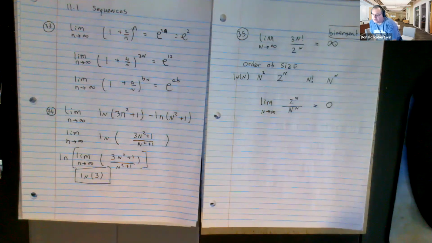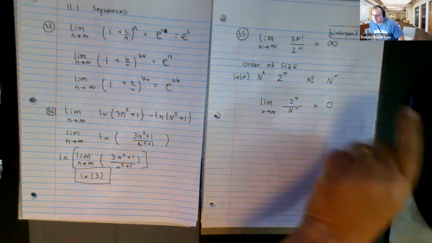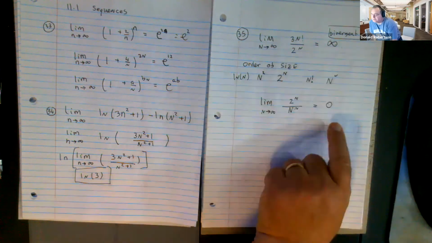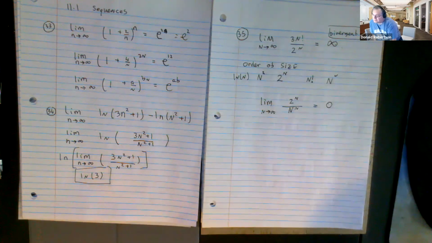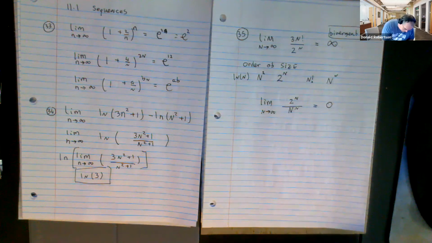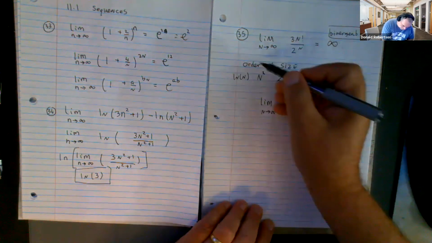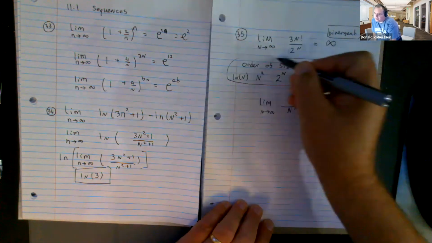So figure out who's the winner, who's the biggest. If it's on the top, the answer is infinite. And if it's on the bottom, the answer is 0. Does that make sense? If we assume that we know this order correctly, which we do, would that seem reasonable?